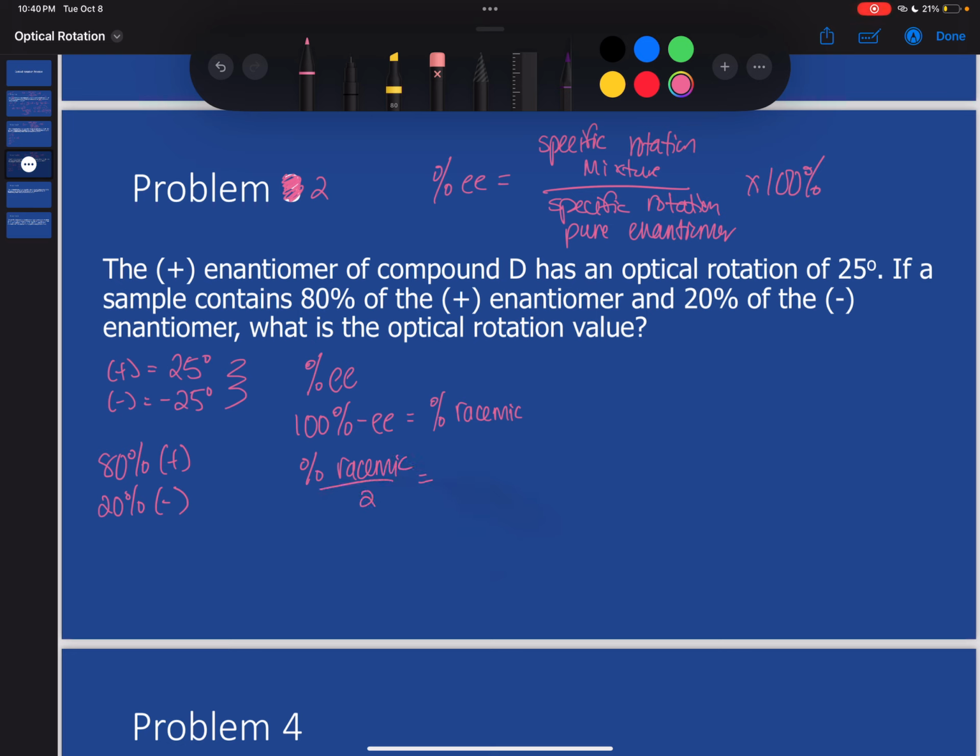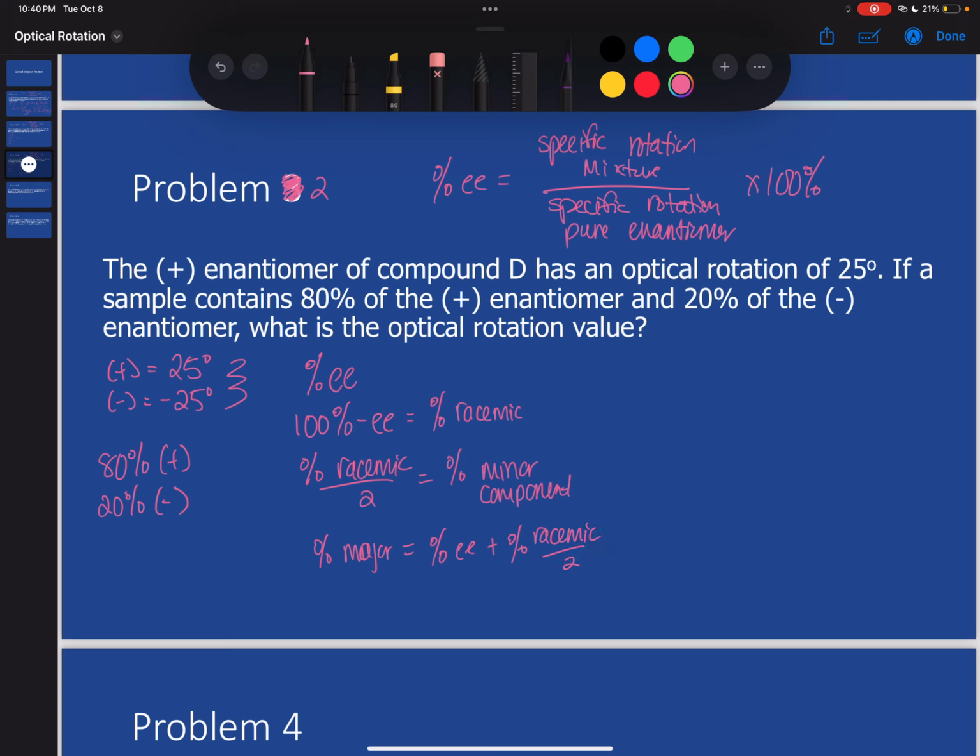And that would tell us the percentage of our minor component of the mixture. And we would determine the percentage of the major by adding the percent EE to that percentage of the racemic after we divide by 2.